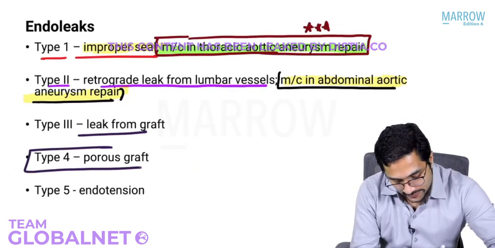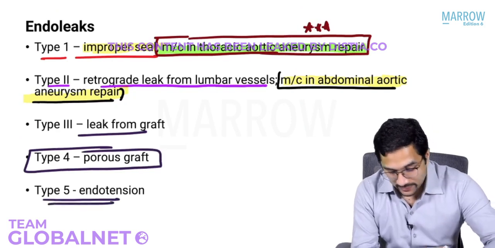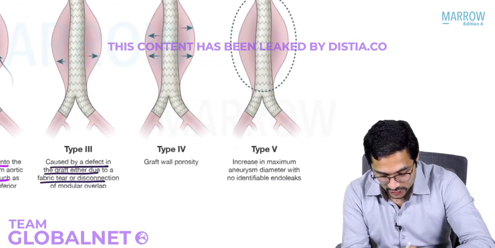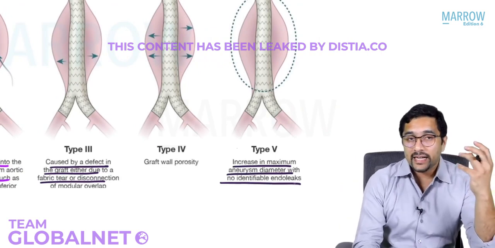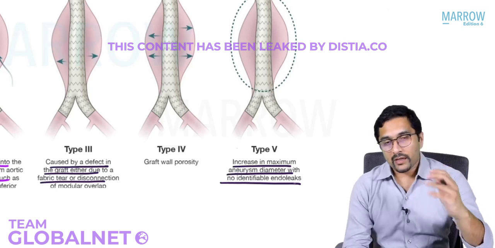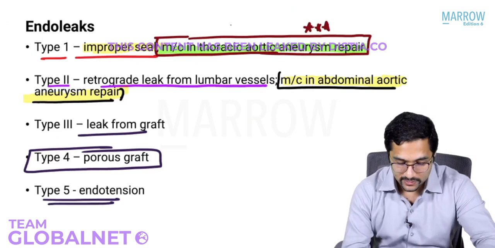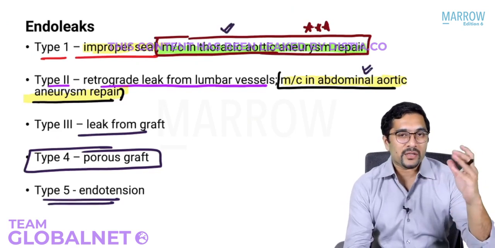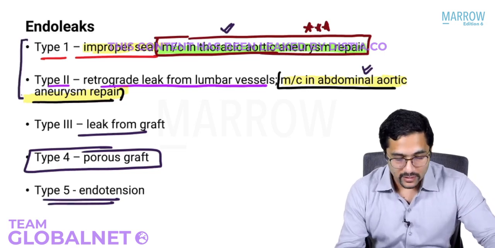Type 4 is when there is a porous graft and there is leak. And type 5 is when there is increased tension in the graft, and because of increased tension, there are endoleaks which develop. So mainly I want you to remember about type 1 and type 2. Type 1 is most common in thoracic aortic aneurysm repair, and type 2 is most common in abdominal aortic aneurysm repair. So these 2 points I want you to remember for the exam.